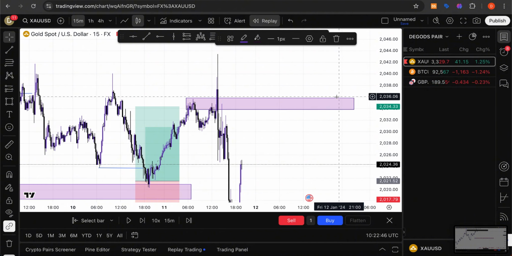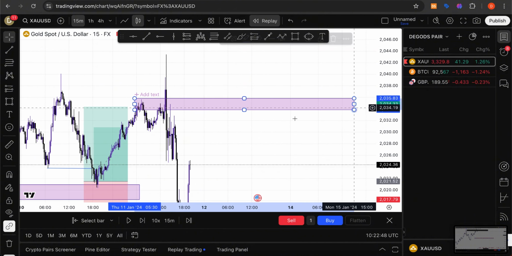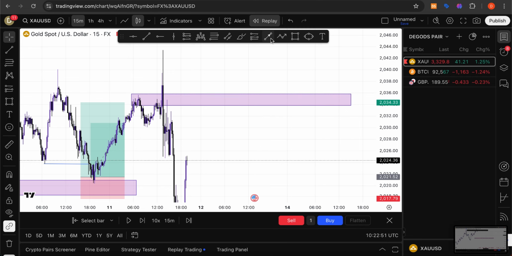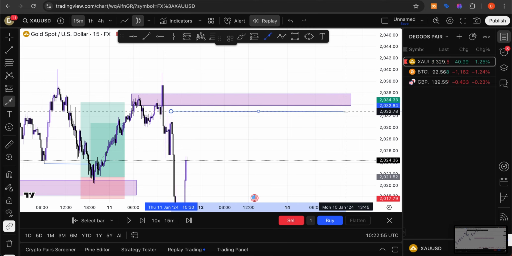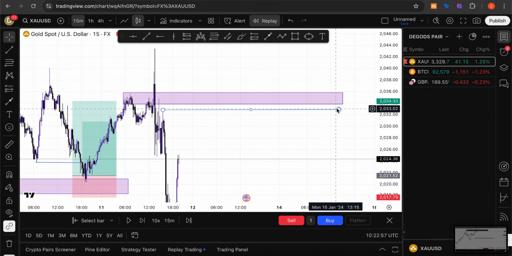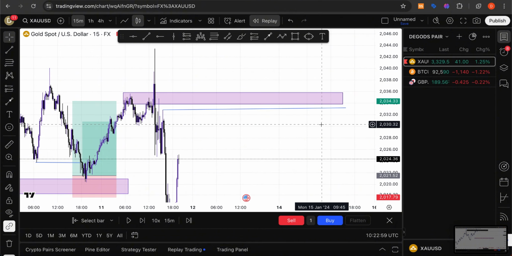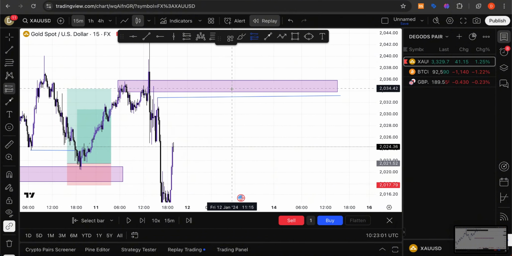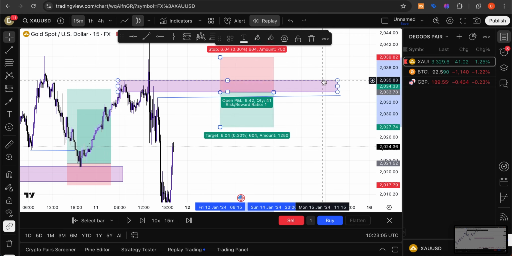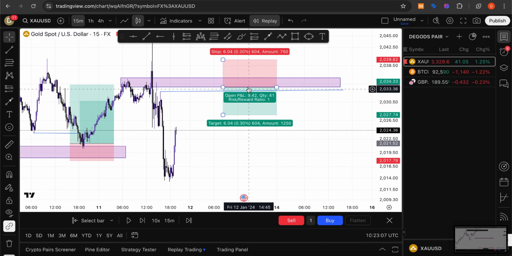This is a fade order block. This is structural liquidity. So let's see if it will work out here.